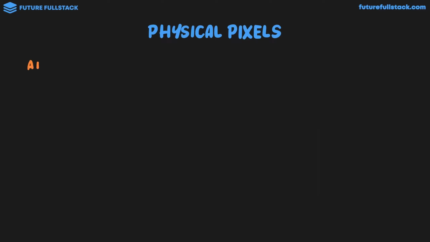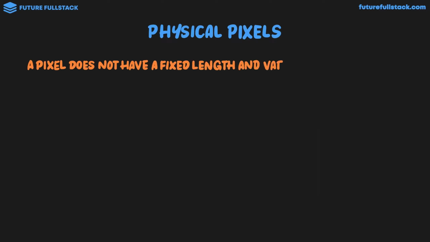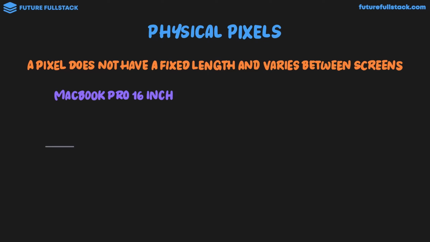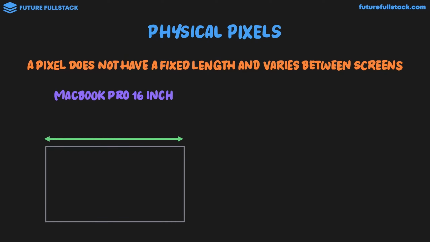A physical pixel does not have a fixed length and varies between screens. Looking, for example, at a MacBook Pro 16-inch, this contains 3,456 pixels wide and 2,234 pixels high. A MacBook Pro 16-inch has a screen size of 16.2 inches.